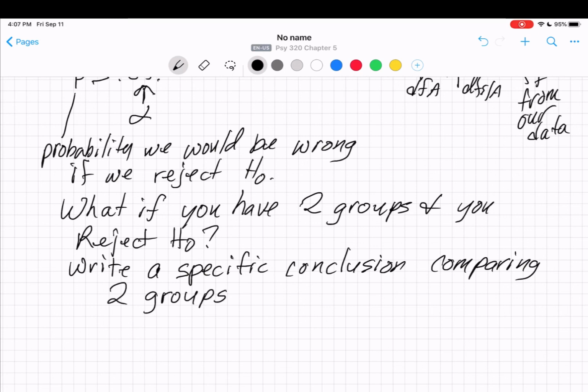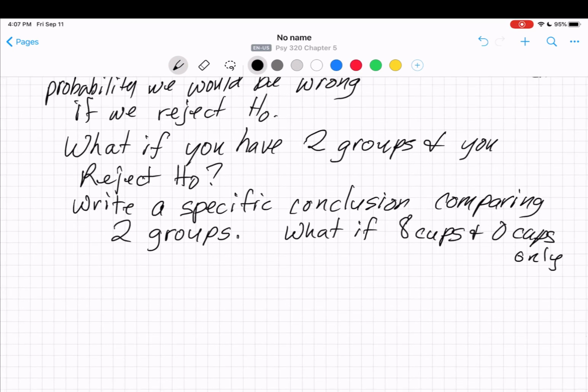Okay, so let's say in our experiment we only had 8 cups and we only had 0 cups. So what if it's only 8 cups and 0 cups only? Okay, what you do is you look at the group means. So already we're saying our decision, we know, is going to be reject the null hypothesis.